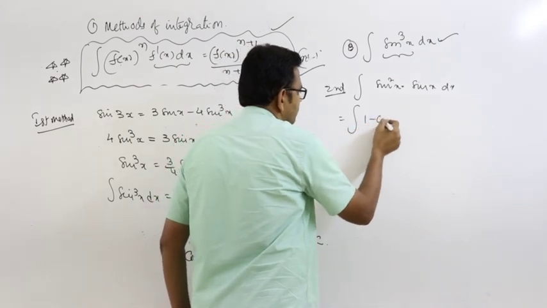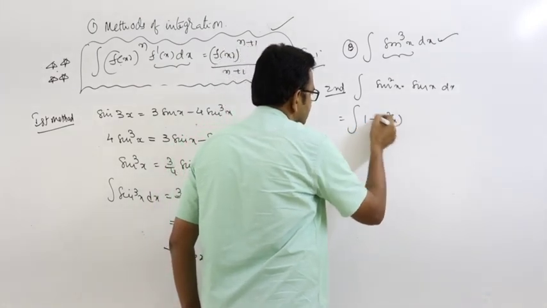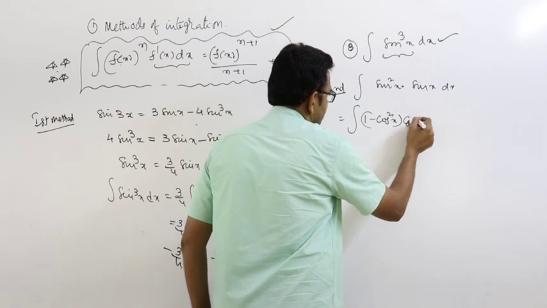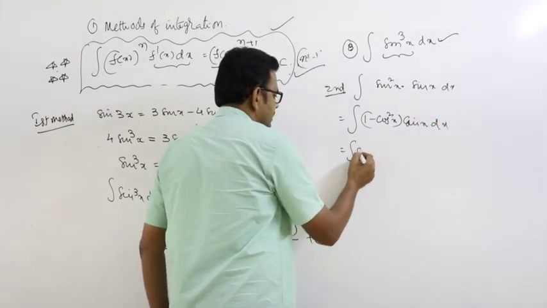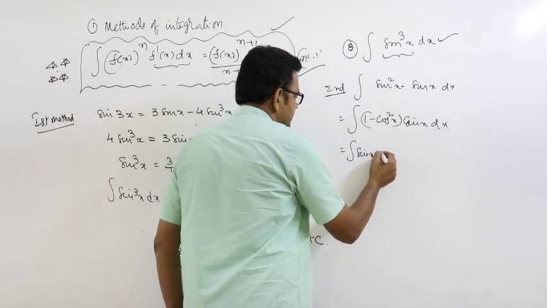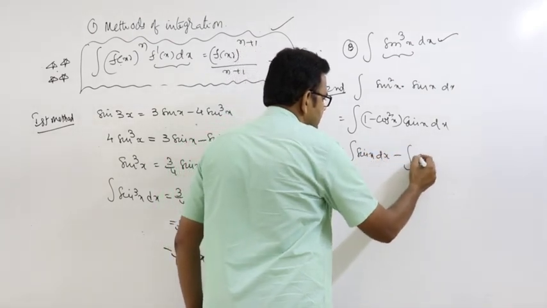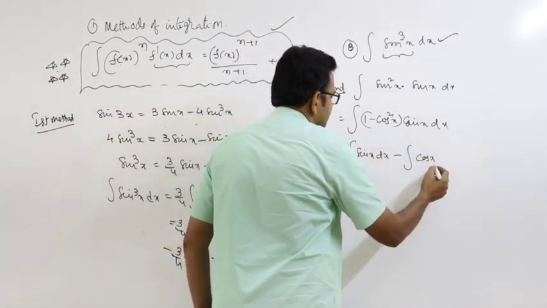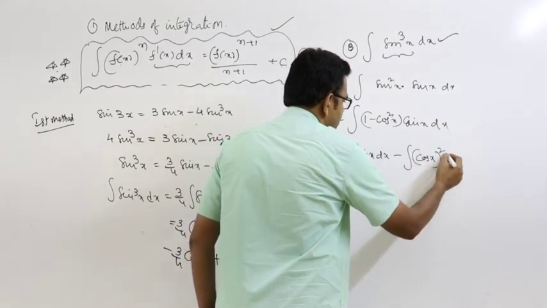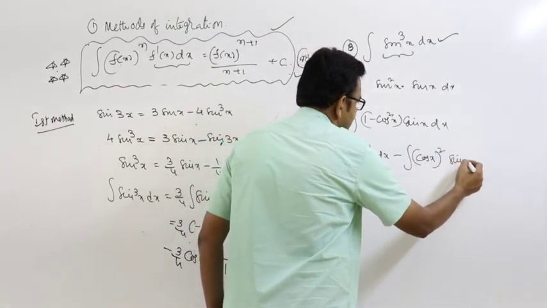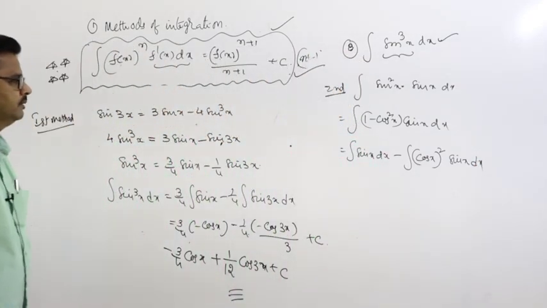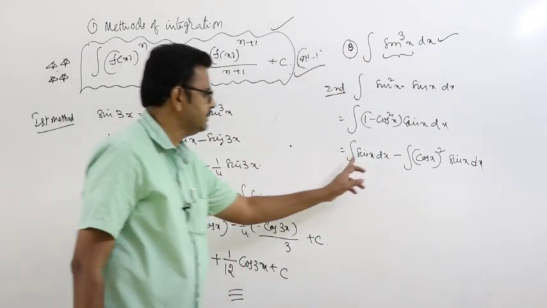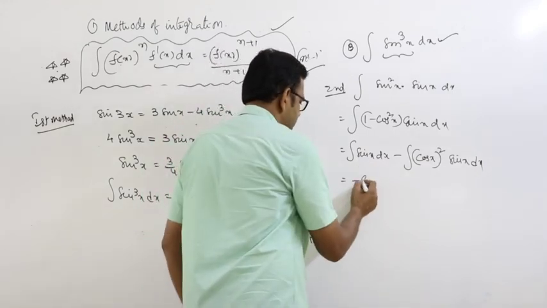Integral 1 minus cos square x into sin x dx. That is integral of sin x dx minus integral cos x whole square into sin x dx. Integral of sin x, you know it, minus cos x.